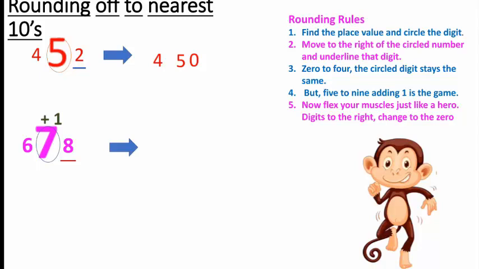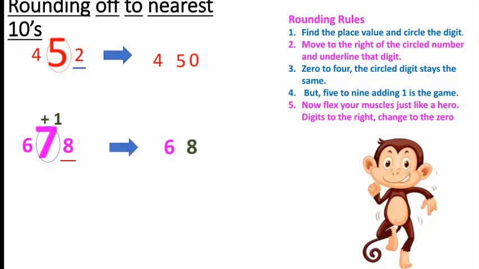As such, the previous digit will remain as it is. So 6 we will write as 6 only. Then when we add 1 to the circled digit, what will we get? 7 plus 1 will give us 8. Clear? Then beside the circled digit towards the right side we have 8.